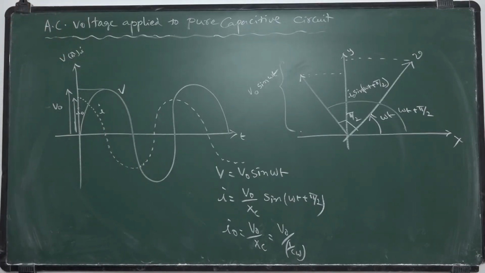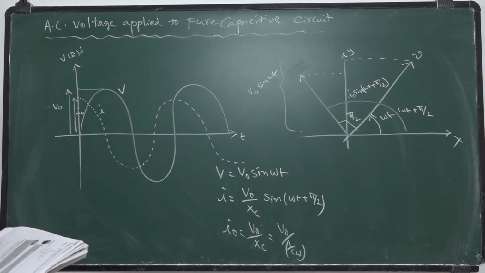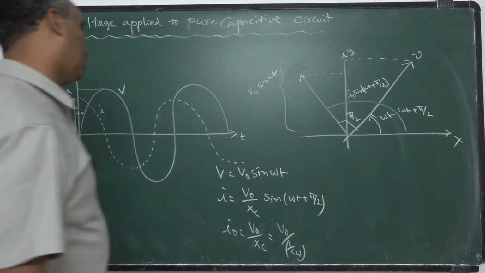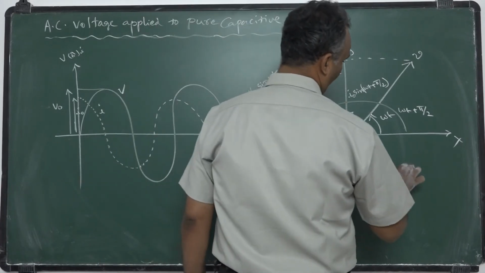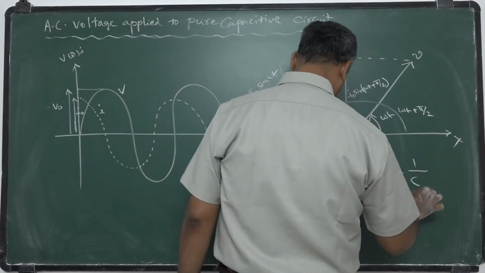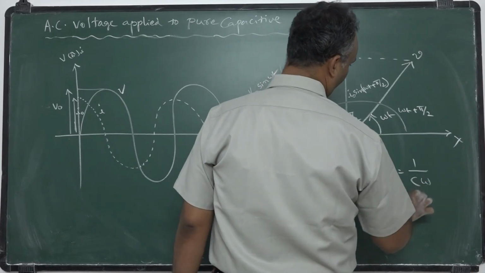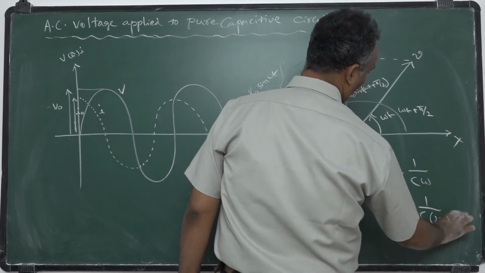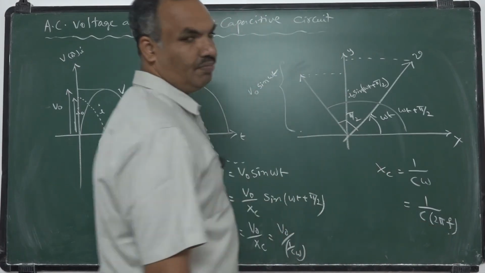So this is the phasor diagram which is representing the voltage and current phasors as shown in the figure. You can write the capacitive reactance as 1 by C omega, or since omega is 2 pi f, 1 by C into 2 pi f. F is the natural frequency.